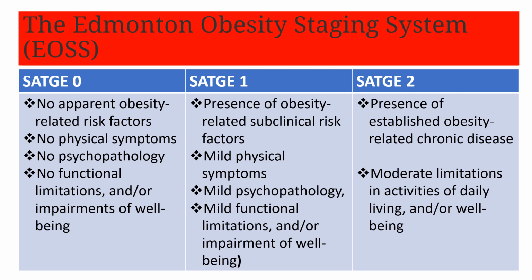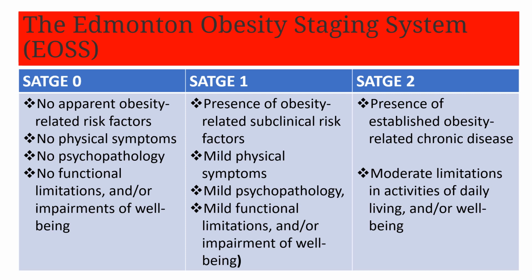Stage 1, presence of obesity-related subclinical risk factors, mild physical symptoms, mild psychopathology, mild functional limitation and or impairment of well-being. Examples of stage 1 in obese patients, the presence of pre-hypertension or pre-diabetes.